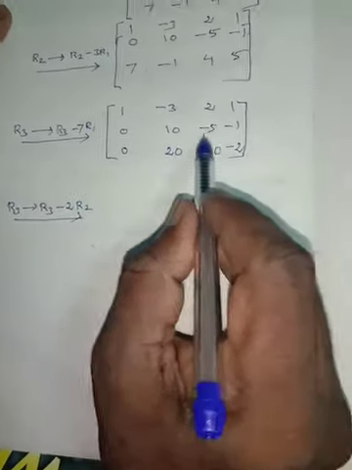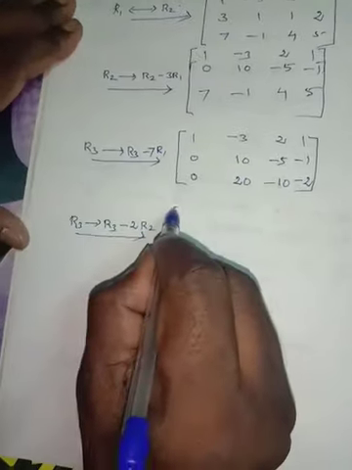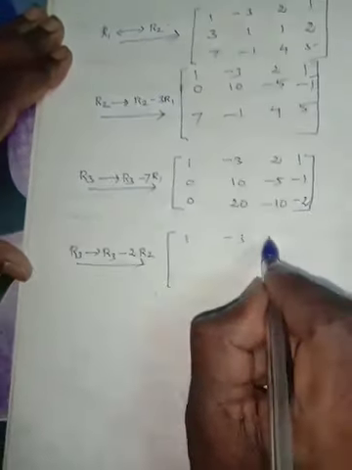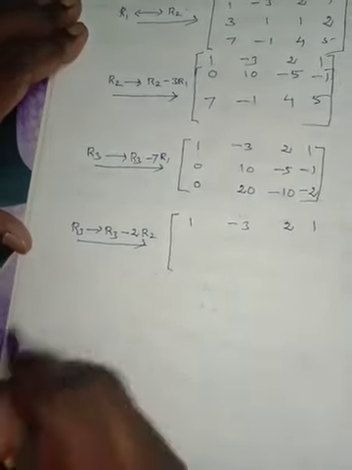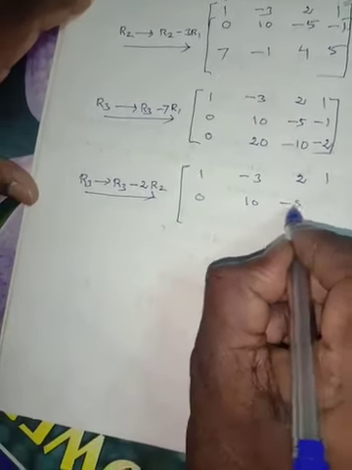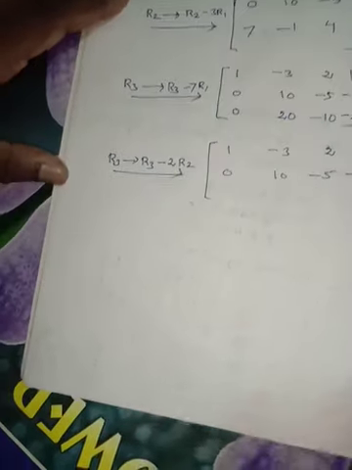Subtract it from the third row, we get 1 minus 3, 2, 1, then 0, 10, minus 5, minus 1.